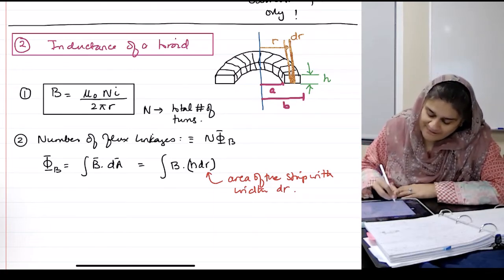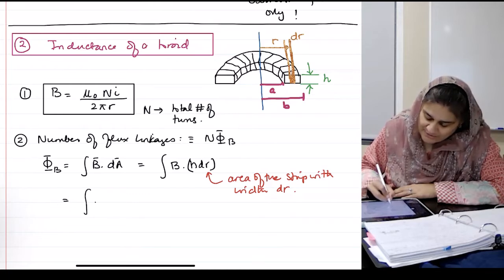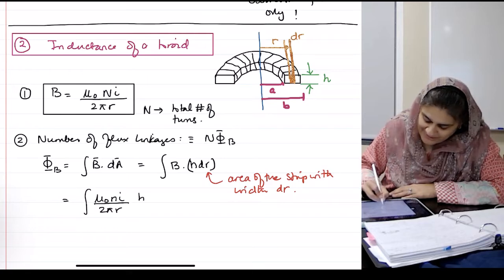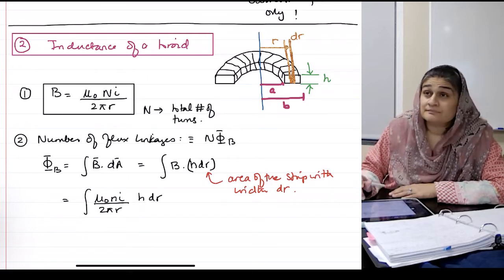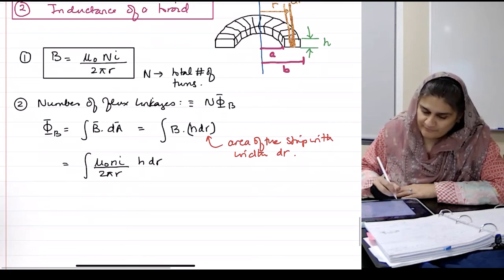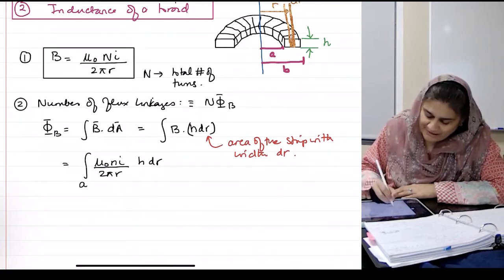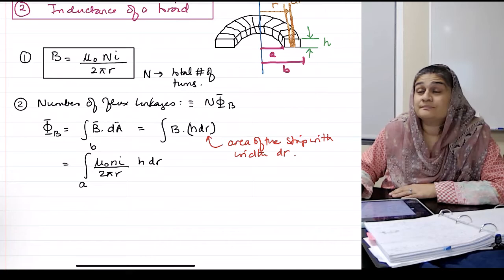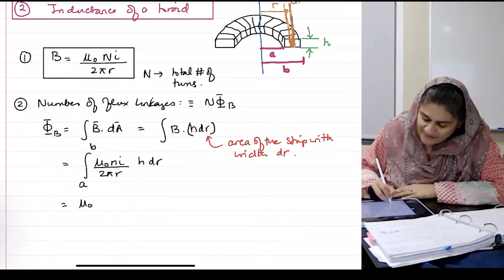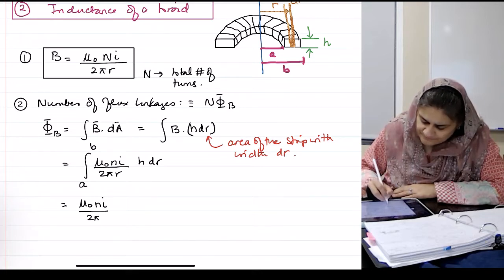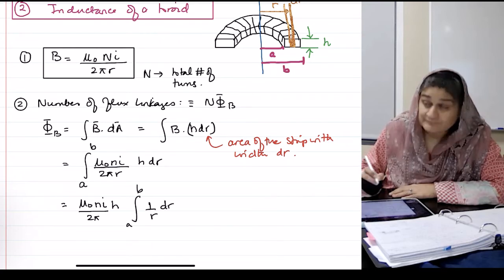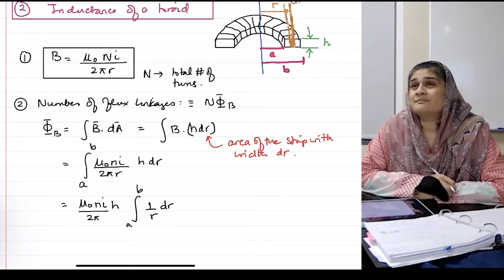So I can rewrite this as integration mu naught N i divided by 2 pi r H dr, from A to B. Now I can take out everything that's constant. So I'll be left with that.